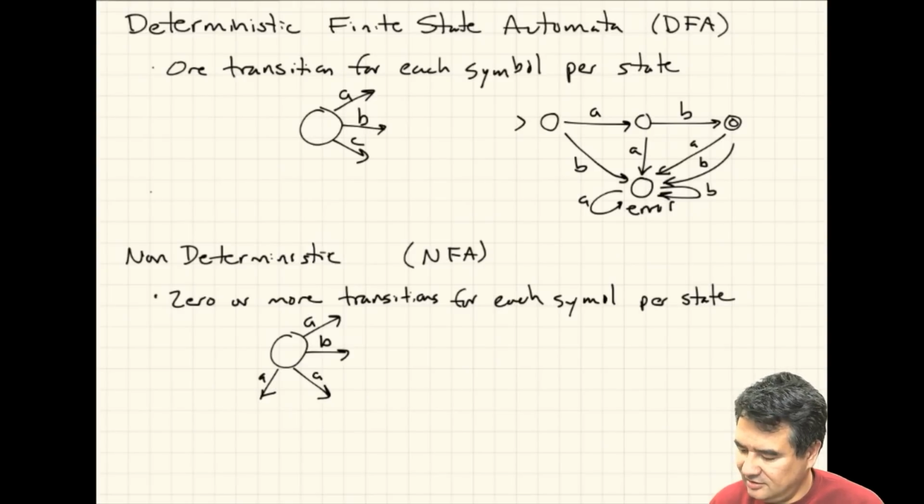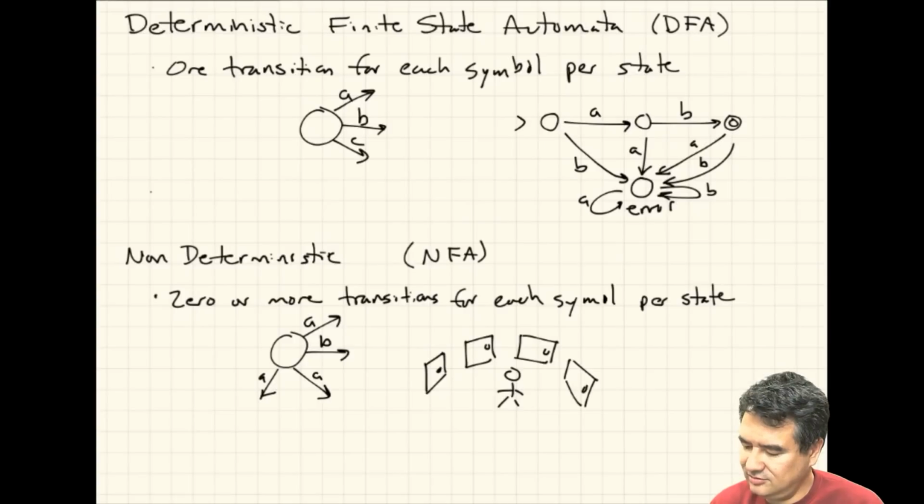And so I kind of liken this to, you know, I'm not an artist, but here, you're this person here, and you're in this room, and there are 4 doors. So here's one door. Here's another door. Here's another door. And here's another door.